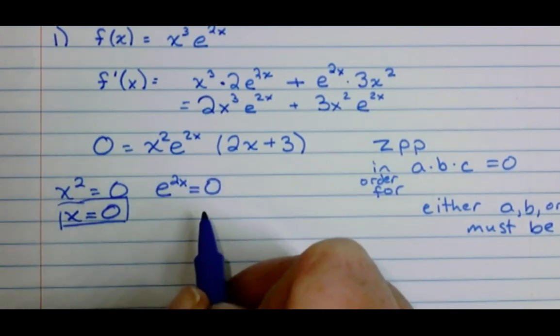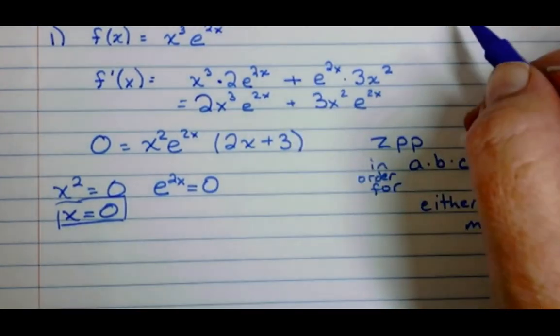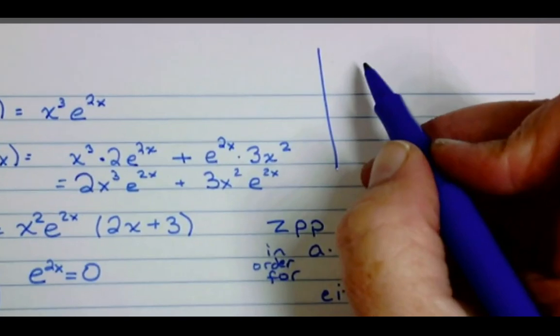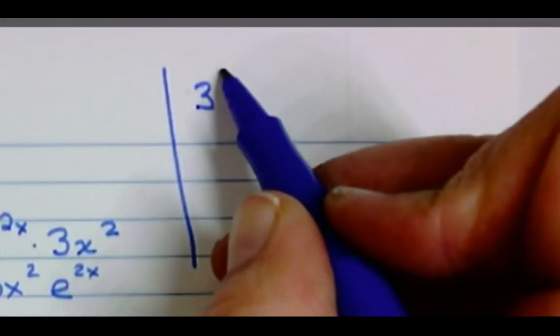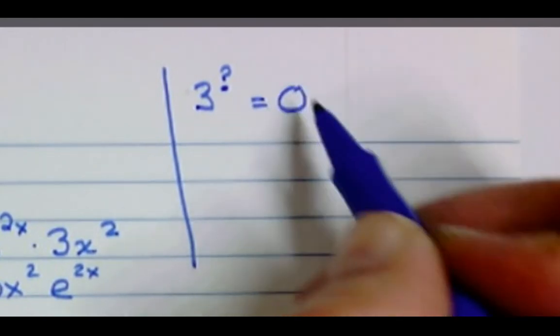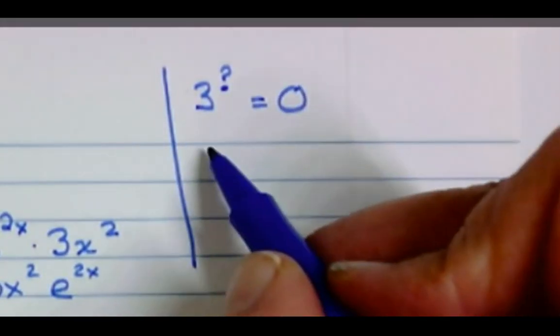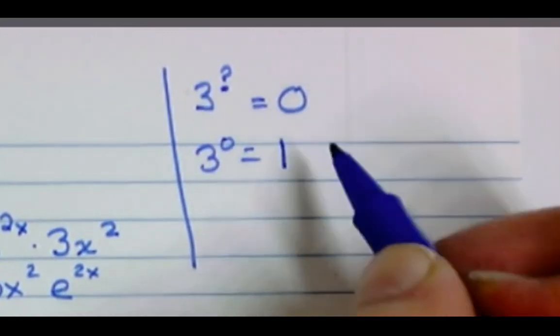When does e to the 2x equal 0? Well, remember that e is just a number. So if you think of e similar to the number 3, what exponent could you put on the number 3 that would make 3 equal 0? You really couldn't, because 3 to the 0 gets you 1.